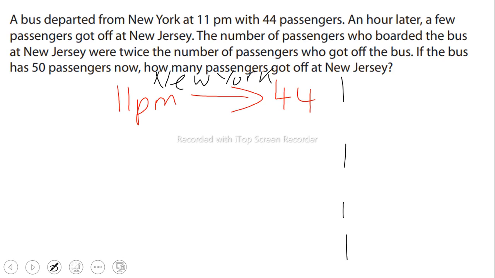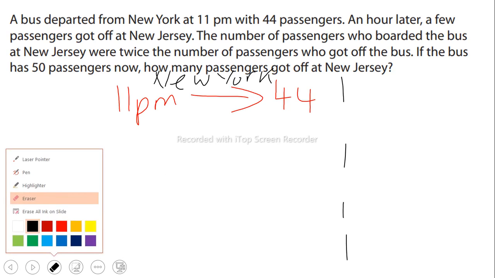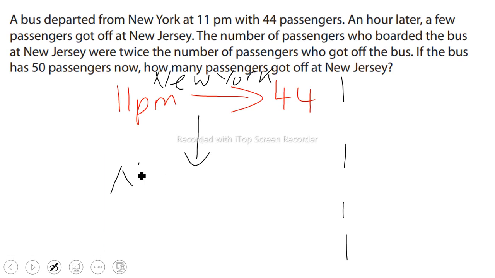So 12 o'clock is going to be 12 a.m. So the number of passengers who boarded the bus at New Jersey were twice the number of passengers who got off the bus. Okay, so an hour later, a few passengers got off at New Jersey. So the same bus ended up at New Jersey, right? Sorry, let me write properly. I'm just trying to sketch it out. But 1 hour later, so we have New Jersey, right?